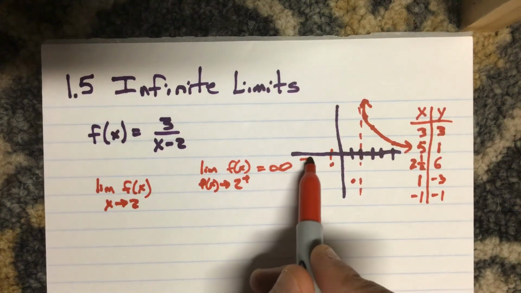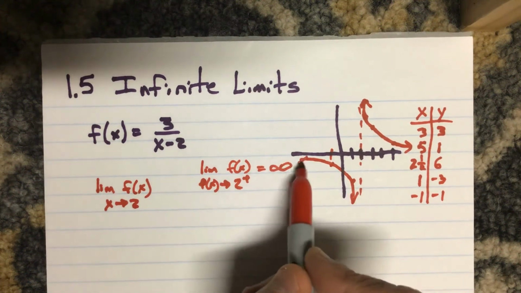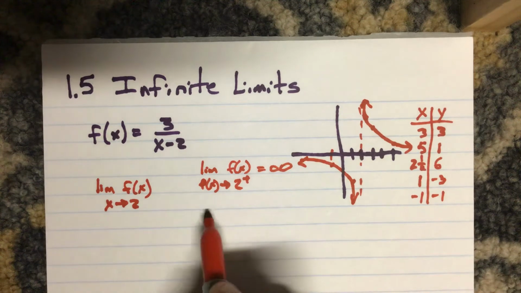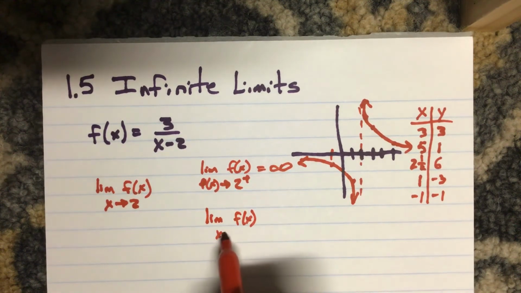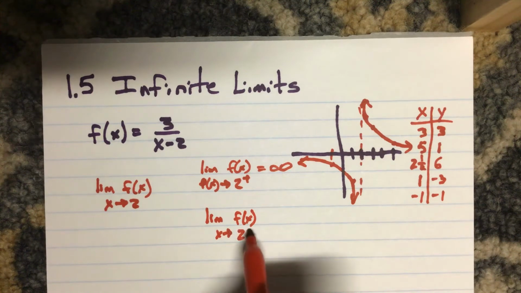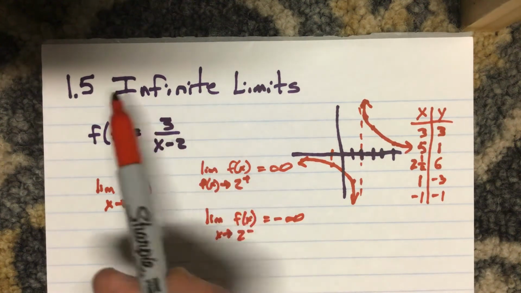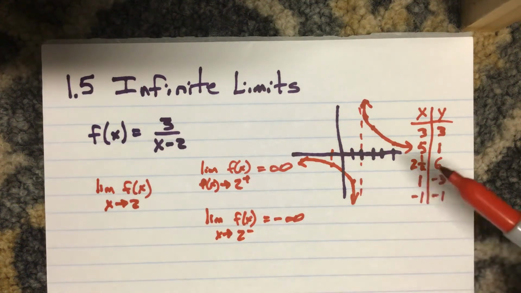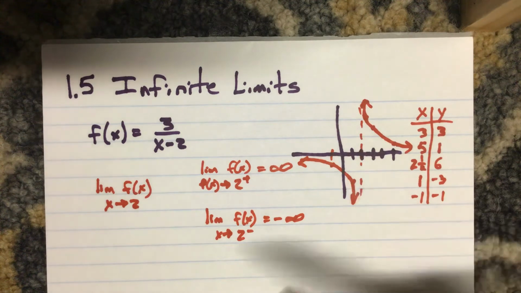And we only need a couple points because we know what the graph kind of looks like ahead of time. And so the limit of f of x as x approaches 2 from the left is negative infinity. And that's why this section is called infinite limits, because as we approach the value, we're headed towards infinity this way and negative infinity this way.